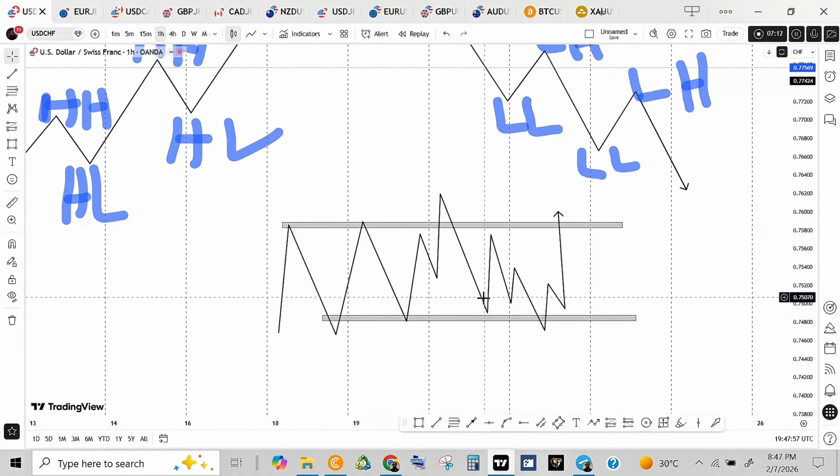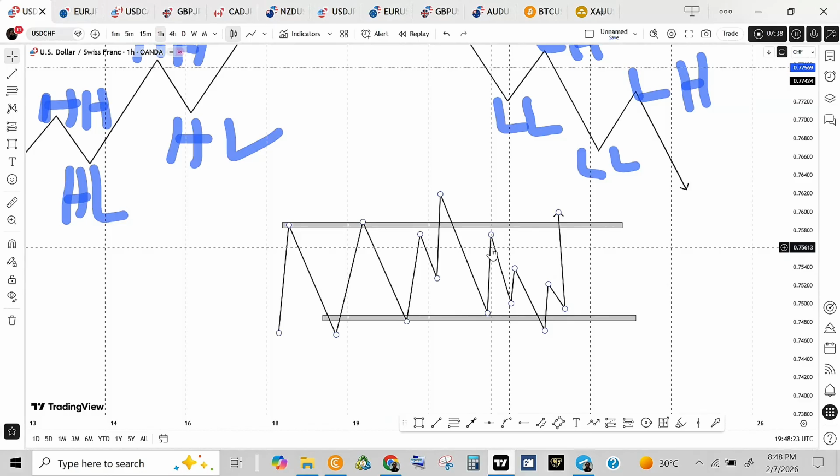Just know that this is called a consolidation, a ranging market, a ranging consolidation market. That way, the market is not actually making any progressive move. It's just going up and down at a particular spot. Now, this is called what? A ranging market, a consolidation.